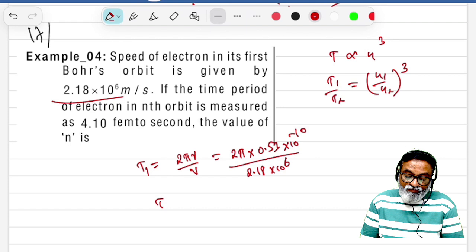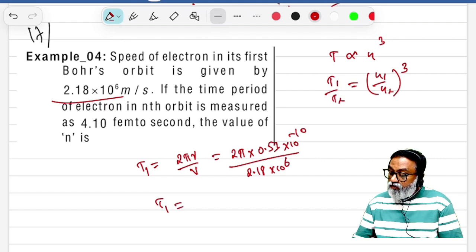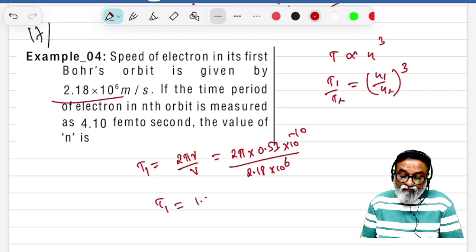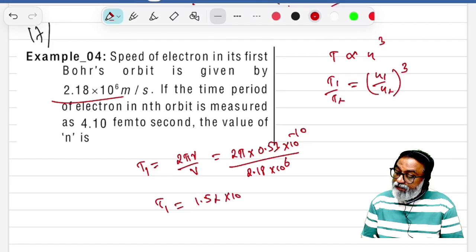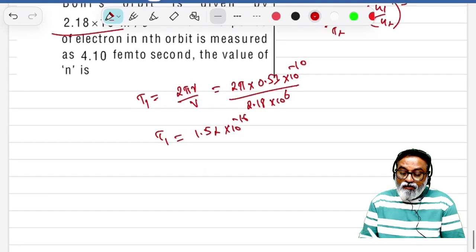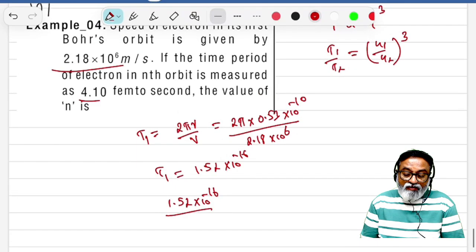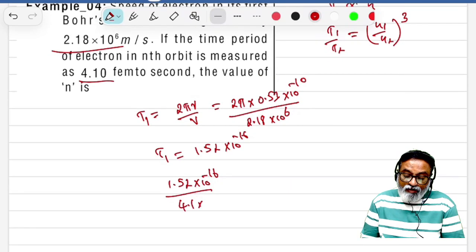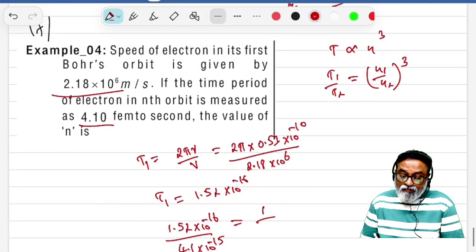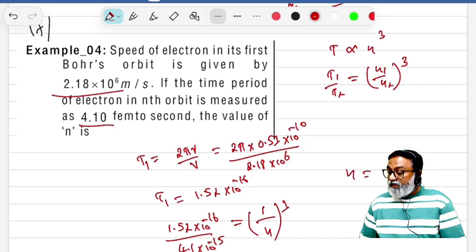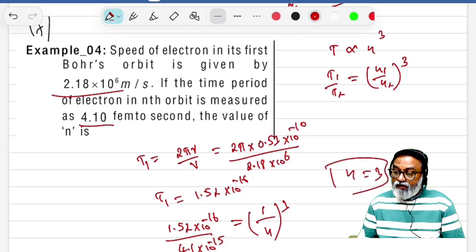After simplification, we get T1 is equal to 1.52 into 10 to the power of minus 16. Here, T2 is given as 4.1 femtosecond, 4.1 into 10 to the power of minus 15. So T1 by T2 is equal to (1 by N) whole cube. After simplification, we get N is equal to 3.